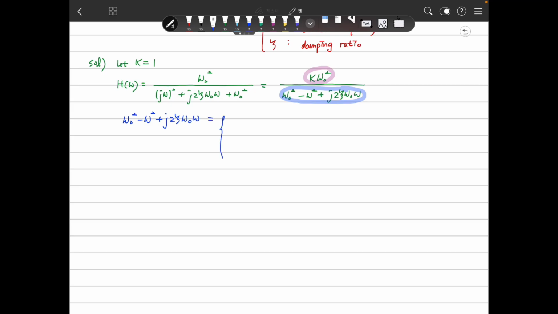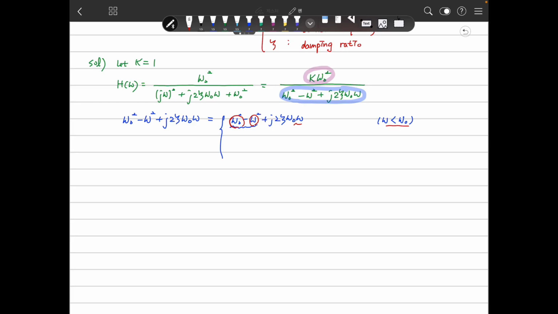The important point is omega 0, the corner frequency. So when omega is smaller than omega 0, omega is very small compared to omega 0.